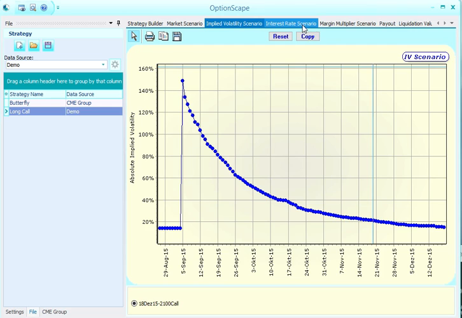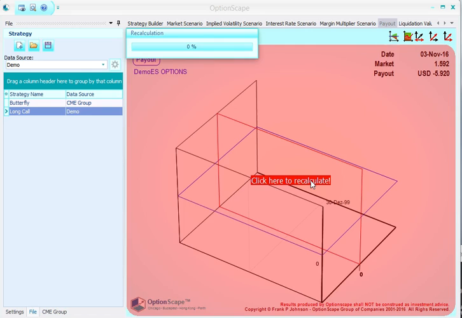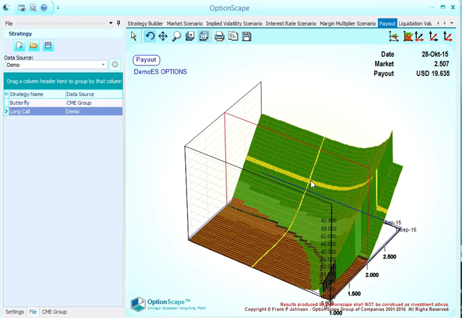There are also interest rate scenarios, and a margin multiplier, which assumes that the clearinghouse will multiply the standard margin in a crash scenario. I go to payout, and now I can calculate the payout of the long call, including my scenario.